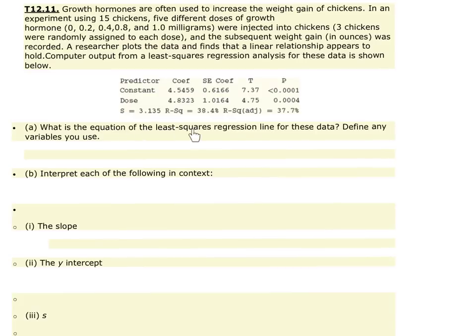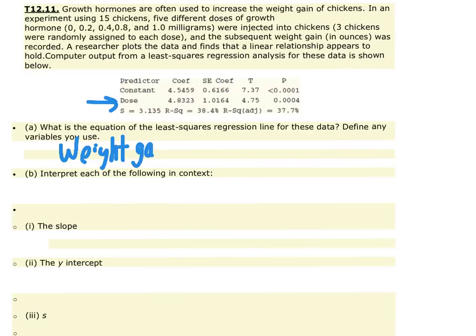What is the equation of the least squares regression line for these data, and define any variables you use? Now, instead of just defining the variables on the side, I personally like to put the variables within my equation. So I'm going to notice here that our slope is going to be related to the dose. In that, our response is the weight gain. So y is the weight gain, so I'm just going to put weight gain.